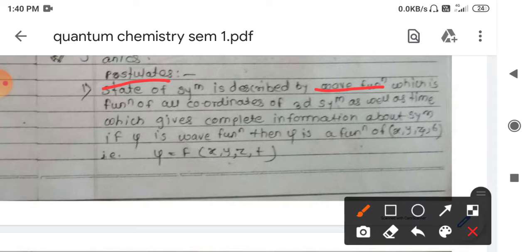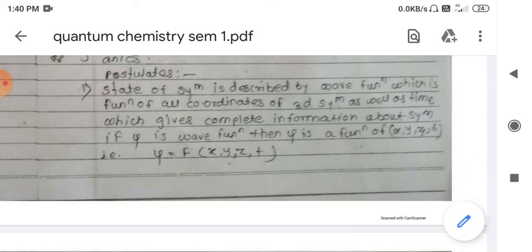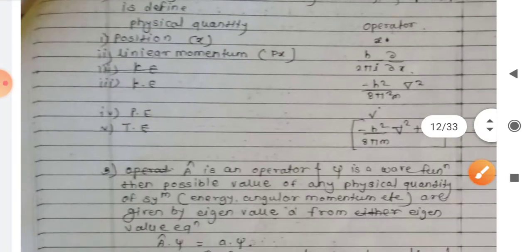Wave functions may be of one, two, or three coordinates, and can also contain the time coordinate, making it four-dimensional. So psi is a wave function of x, y, z and t, the time.